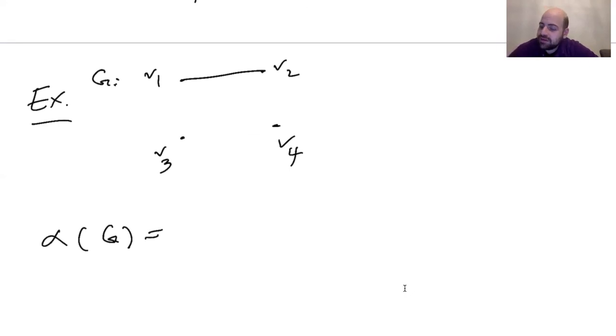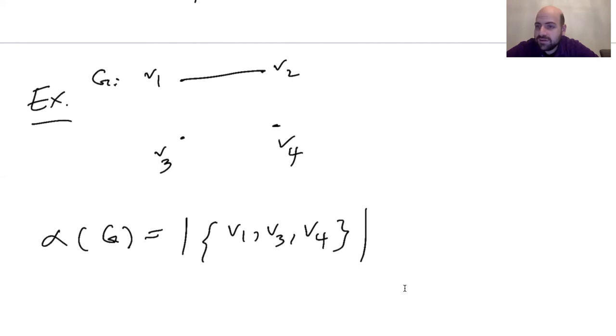So the independence number cannot be 4, but I can find 3 vertices, V1, V3, V4. This is an independent set in G because any two vertices inside this set are not connected with an edge.